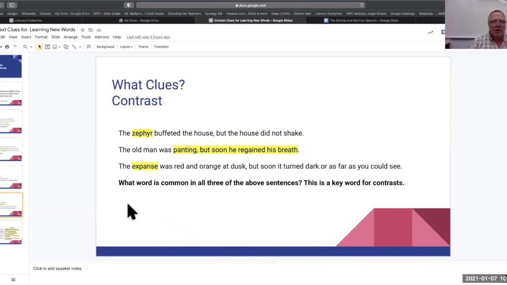Sorry, I have a mistake in that. So look at the word expanse. Last one we're going to do. Give me another meaning or another word that would fit as a substitution for the word expanse.